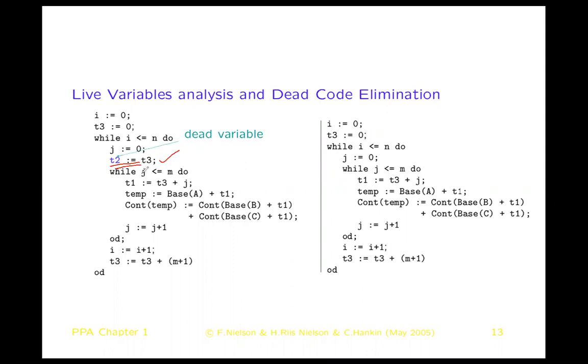There is no use for the variable T2 after this definition point. After doing live variable analysis, we successfully determine that this is dead code, and we do a transformation pass called dead code elimination. After we do the dead code elimination, you can see that finally the code got transformed.